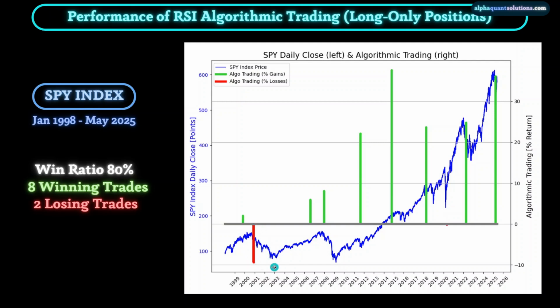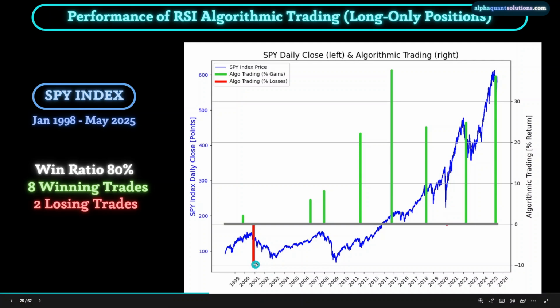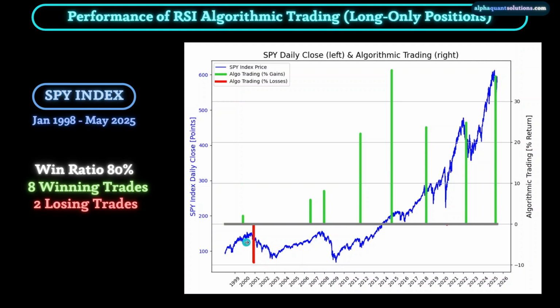So we have almost a 10% loss trade during the bear market of the dot-com bubble crisis during 2000 here. The other losing trade is very, very small, we can barely see it, and it's during the COVID pandemic.